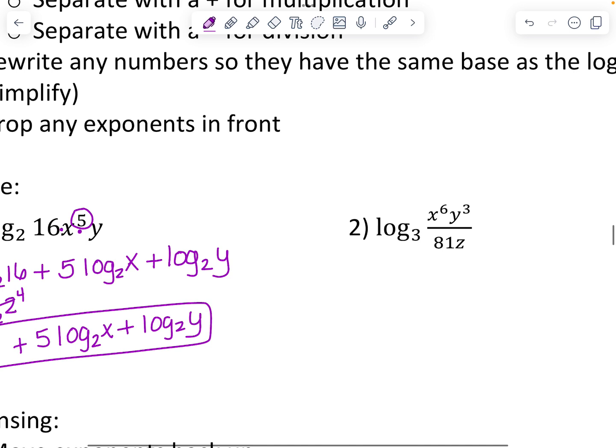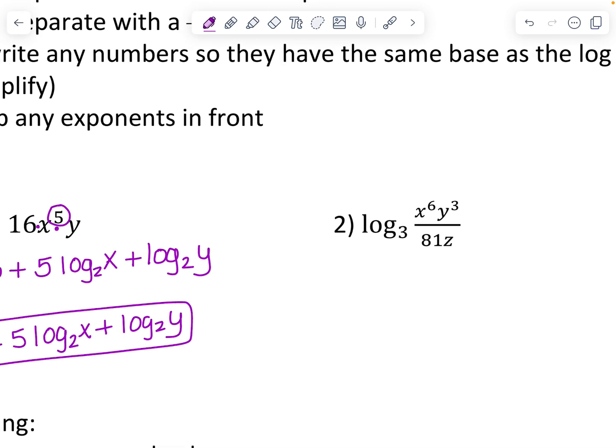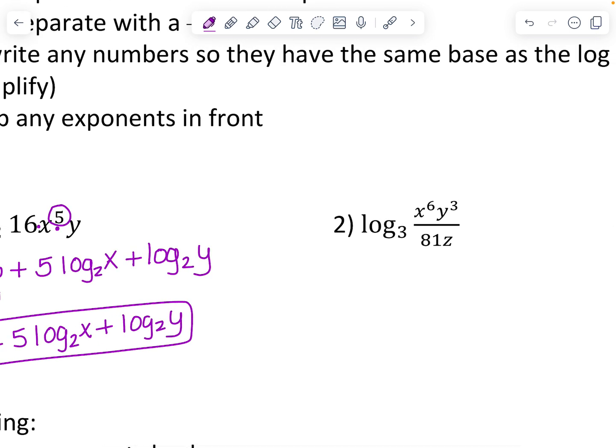All right, let's look at this next one. So I have some things on top, on the bottom. It looks like also I can look at that really quickly, and that's not a prime number. So on top, I'm going to try to move this to the front and this to the front also.